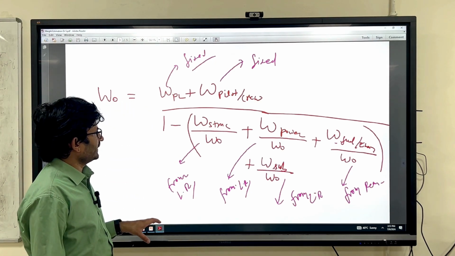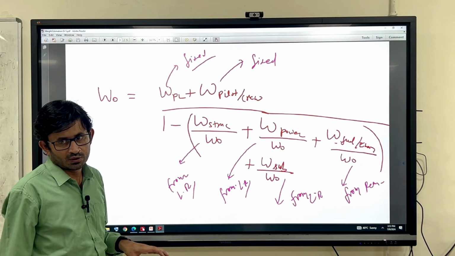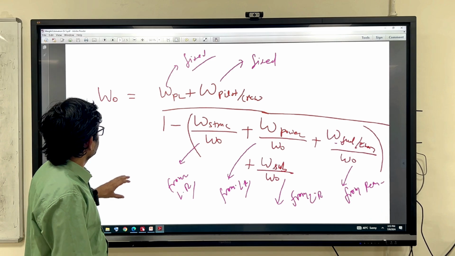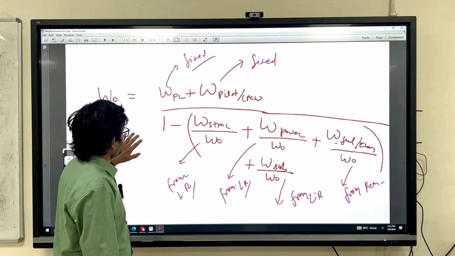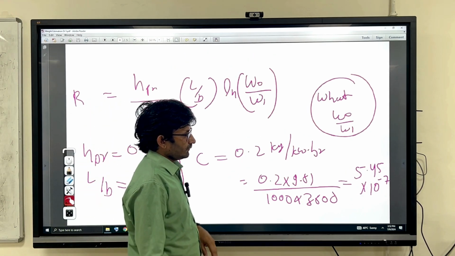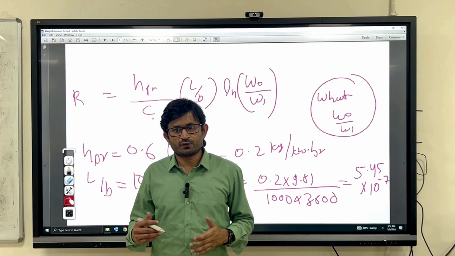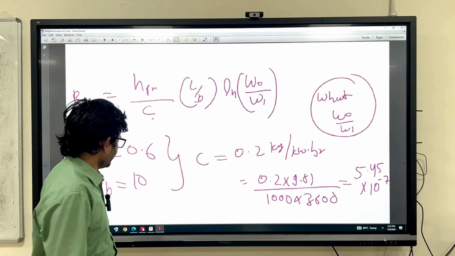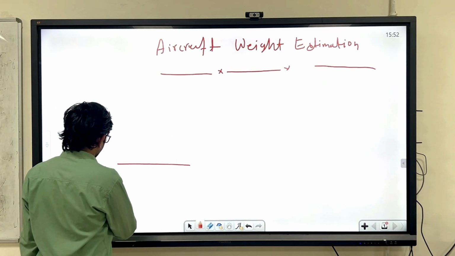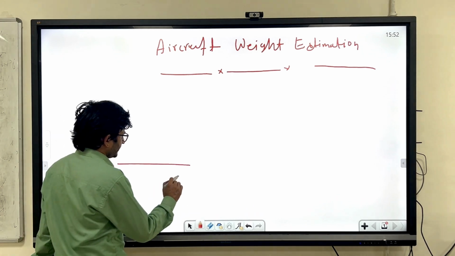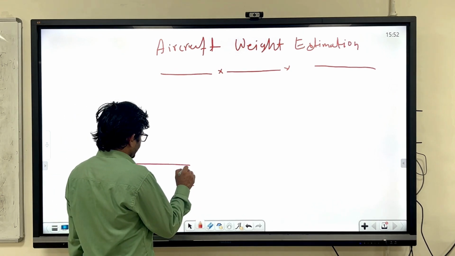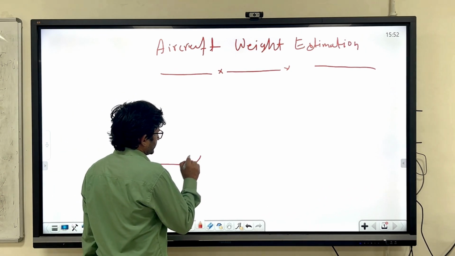So I think you have an idea about how to estimate the weight of the aircraft. As I said, fuel weight comes from the requirement. The requirement can be, for example, you are starting from point 0, which is the takeoff starting point, and this is 1, which is the end of takeoff, and you will rotate here.